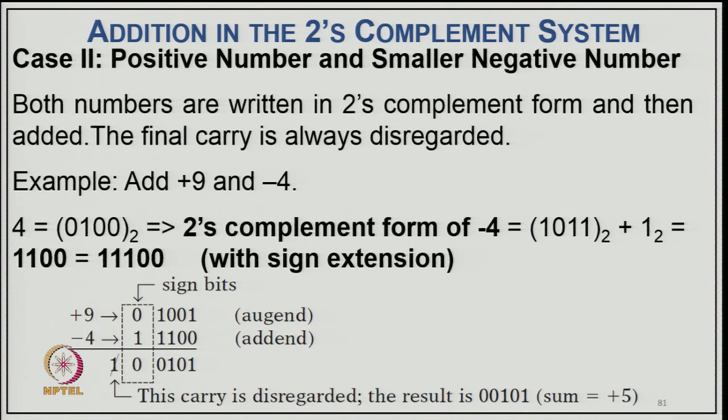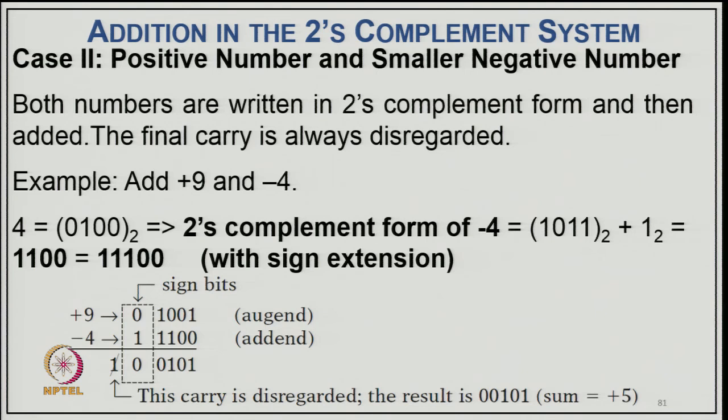So, 9 with the positive sign is 0 1 0 0 1, and the representation of minus 4 has a sign bit of 1, and the two's complement we discussed is already 1 1 1 0 0.